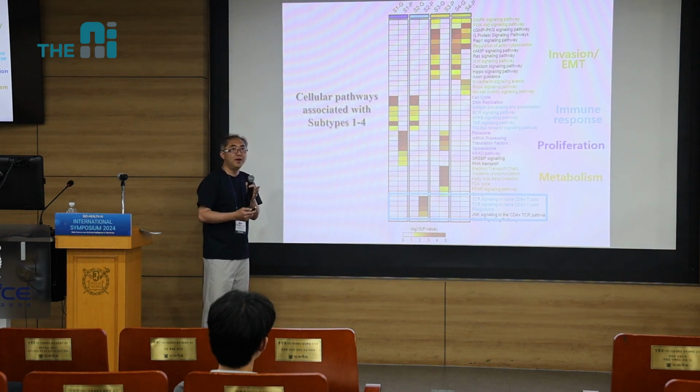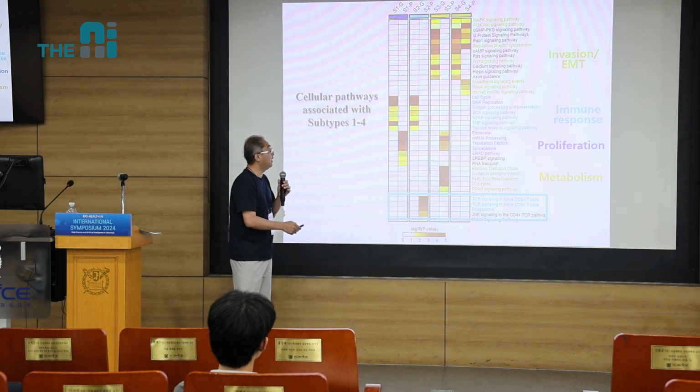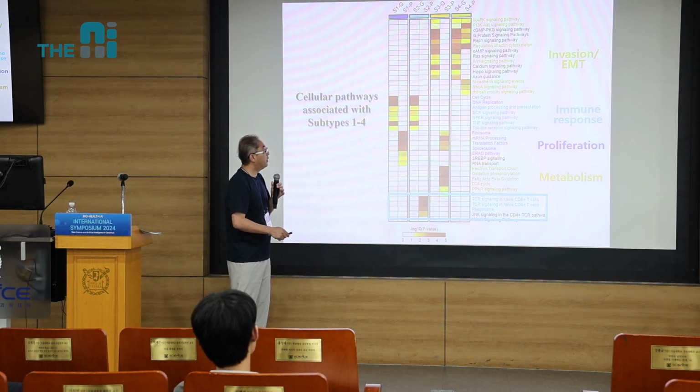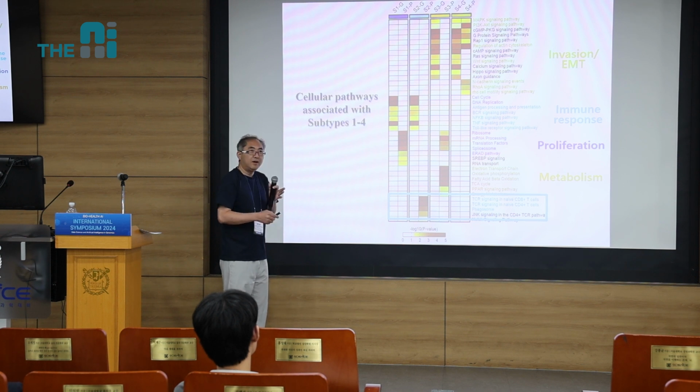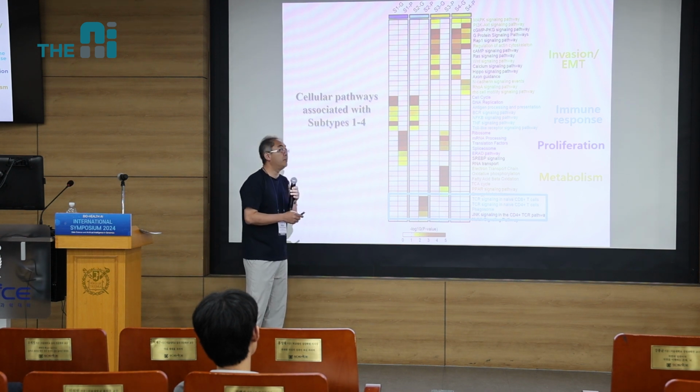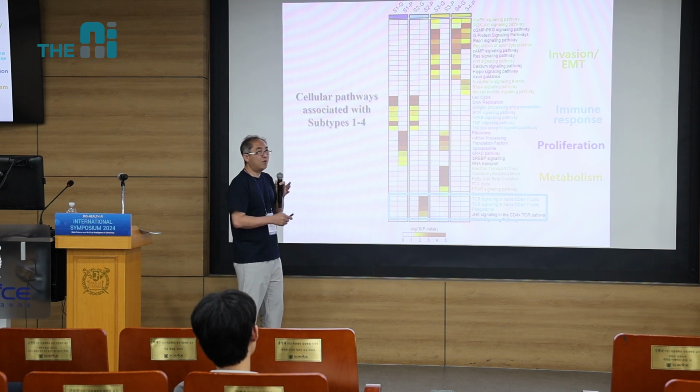We understood. So you can expect the prognosis, patient survival, will be a lot better in this immunogenic tumor because these tumors still have the capability to kill the tumor cell by cytotoxic T cell, right? So prognosis is expected to be better. But here, subtype 4, the invasive tumor, right?